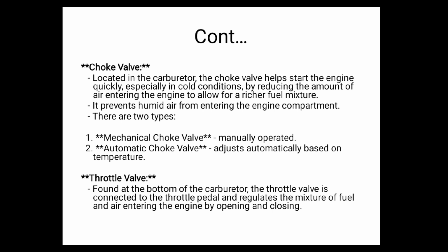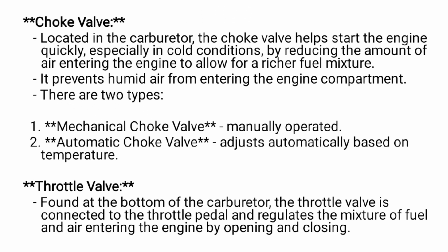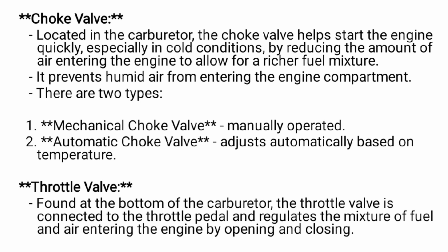As we have said, the main function of the carburetor is mixing the gasoline with air before directing the mixture into the engine compartment, right? So this gets done by the throttle valve. As it says here, the throttle valve regulates the mixture of fuel and air entering the engine by opening and closing.